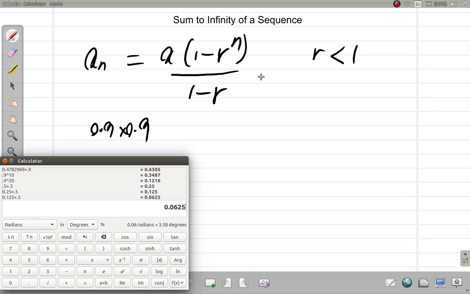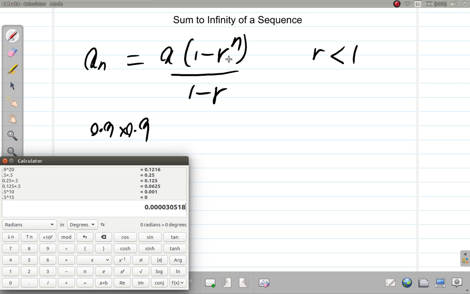So you will see, for example, that 0.5 raised to the power of 10 is very small. 0.5 raised to the power of 15, even smaller, it's approaching 0. So you keep multiplying a certain number that is a fraction less than 1.